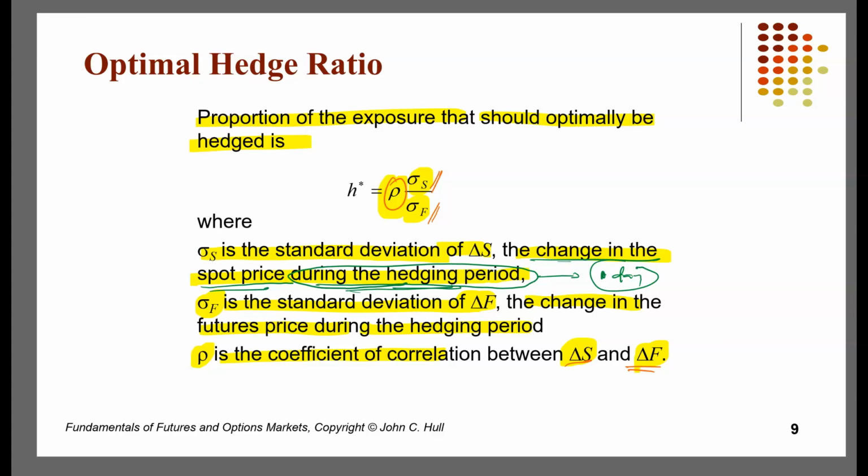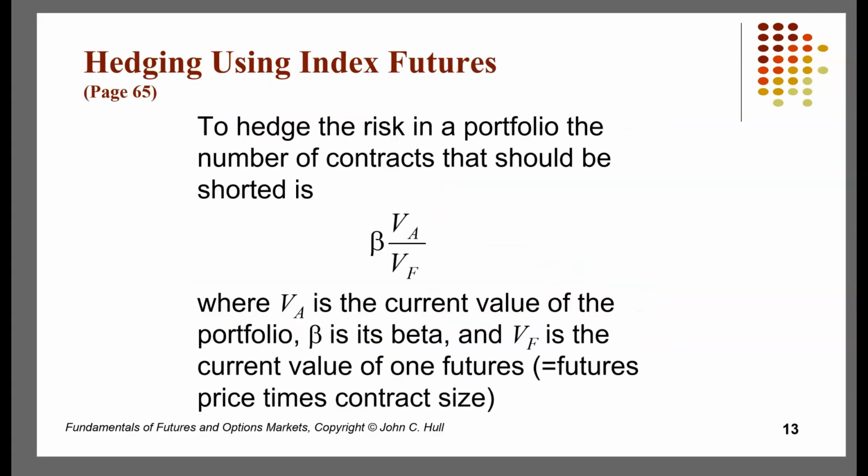Now, it turns out that we could express the number of contracts for our hedge using the equity index, using the beta of the portfolio that we're hedging.